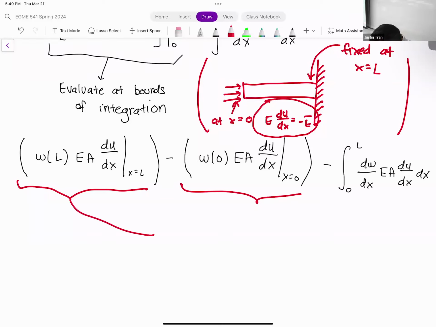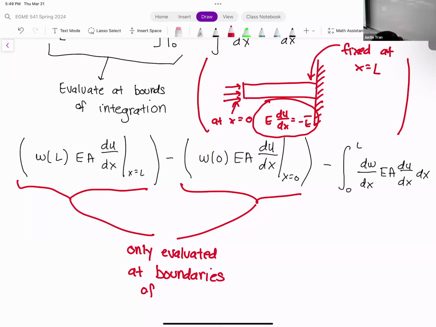In other words, both of these terms are only evaluated at the boundaries of our domain, which means the boundary conditions kind of naturally came out from this formulation.